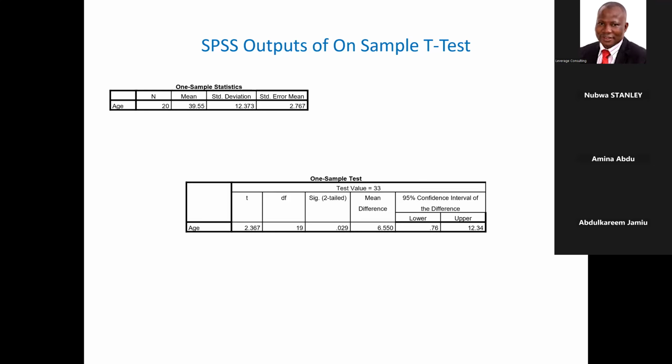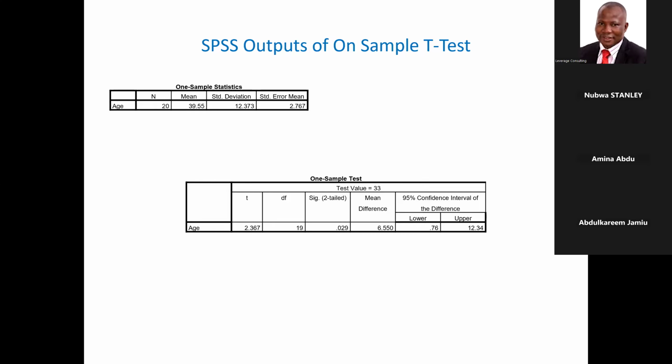The other thing I want to bring out here is that this second table is presenting two inferential methods. When we talked about the introduction to inferential statistics, I talked about two inferential methods: hypothesis testing and confidence interval.